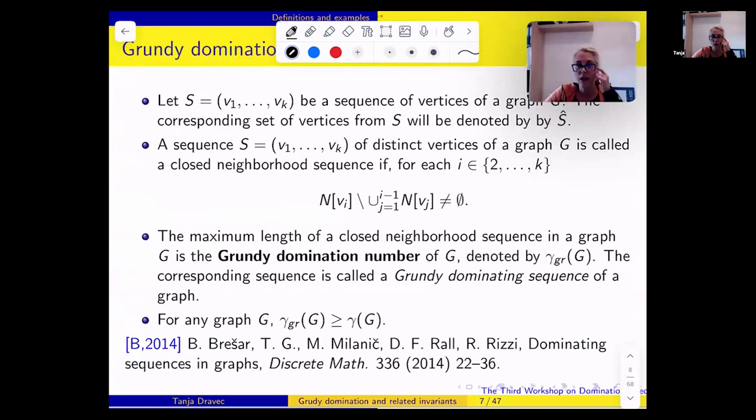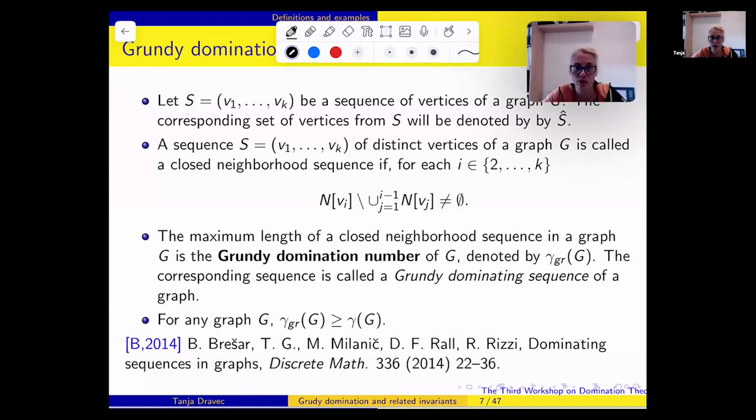Now I will skip to sequences. We say that a sequence of vertices is a closed neighborhood sequence if each vertex in the sequence dominates at least something that was not dominated by the previous vertices of the sequence. So when I put a new vertex, this vertex must dominate something new.